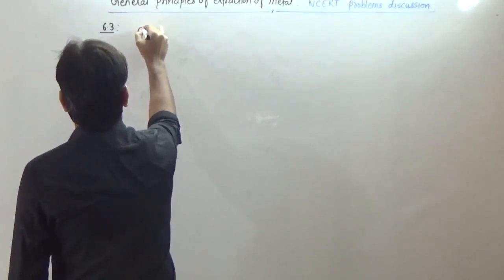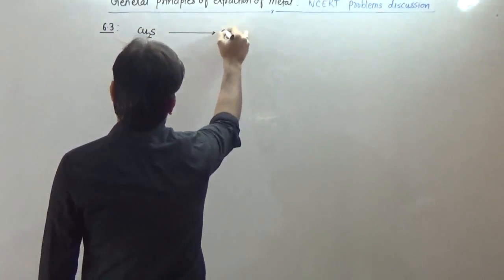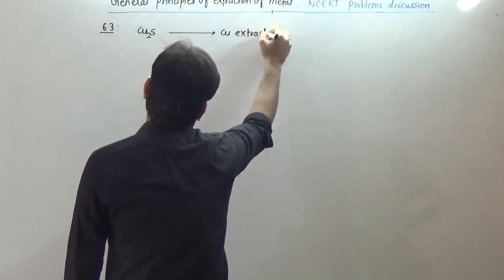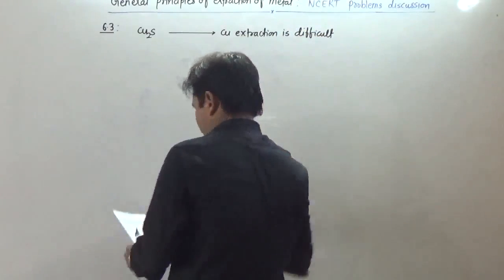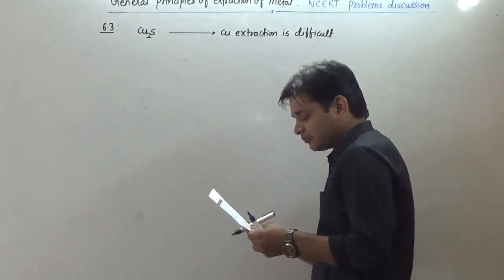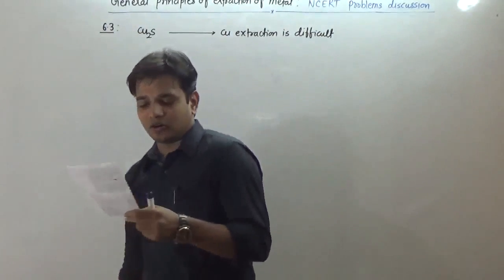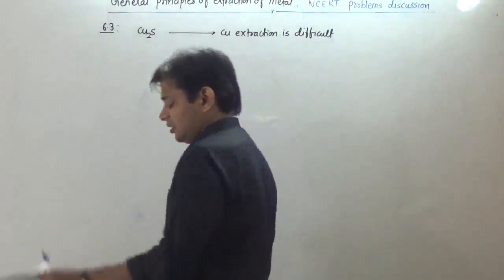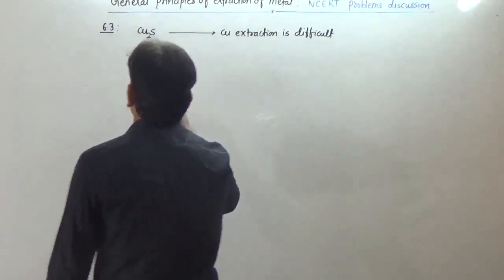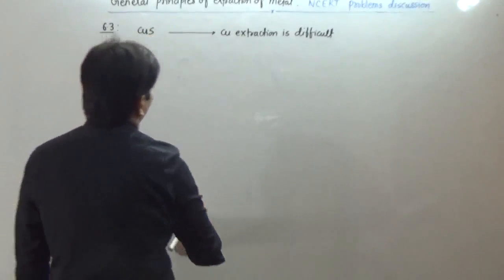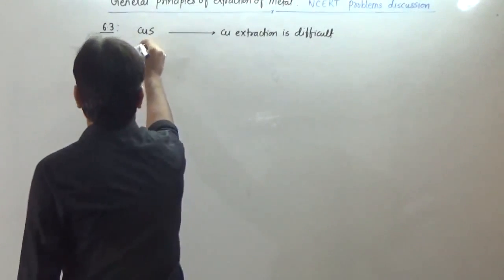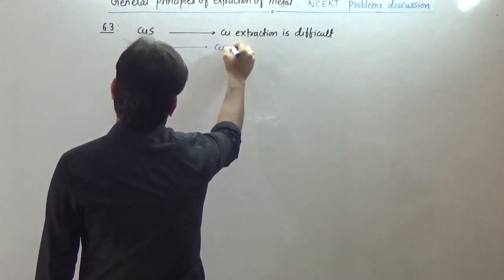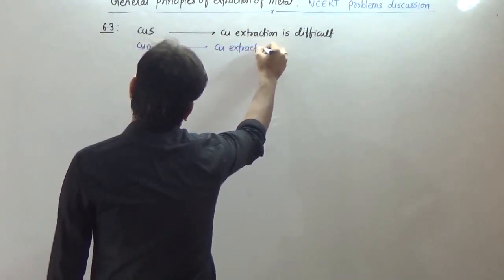It is asked that from Cu2S, copper extraction is difficult, and from copper oxide ore, it is very easy. From CuS, copper extraction is difficult, and from CuO, copper extraction is easy. How can we explain it?